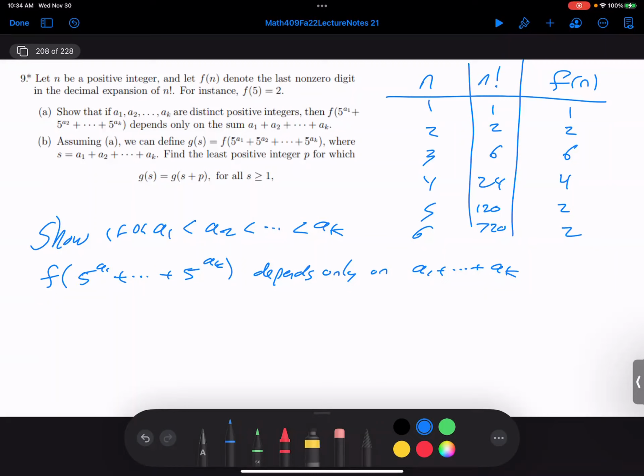Do I only care about the ones digit in the product for n factorial? If I give you 27 as a factor, can the 2 change the ones digit? Is that possible? What do you think?